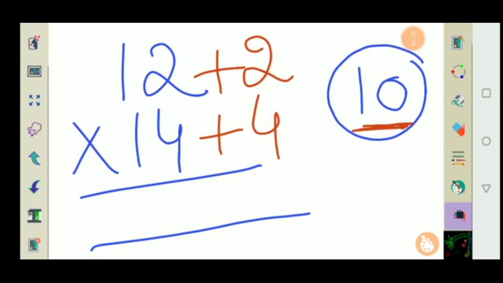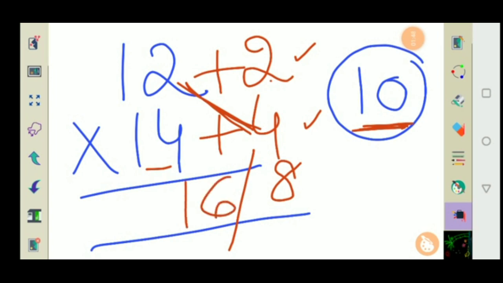This sutra says when we are doing this multiplication above the base, the rule is same. We will be multiplying these two numbers, 2 with 4, we will get 8. And diagonal numbers will be added here, not subtracted. Either you add 12 and 4 or you add 14 and 2. So we will get 168. 168 is our answer here.